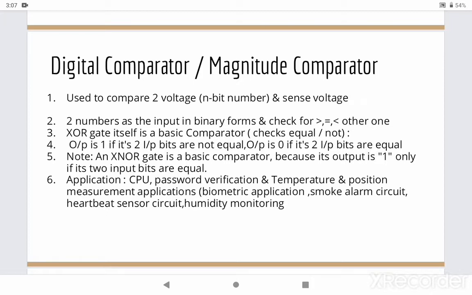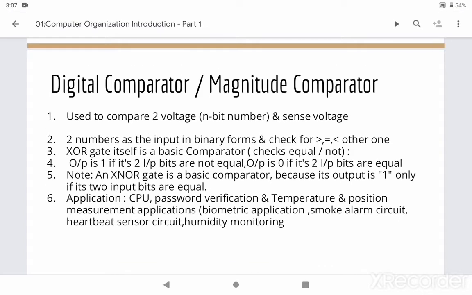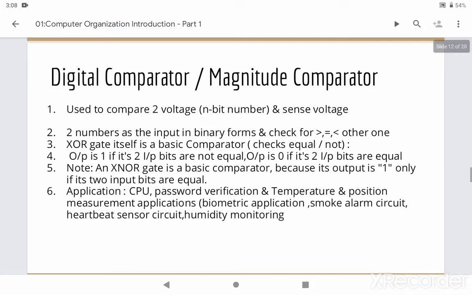If the two input bits are unequal, the output will be 1, and the output will be 0 if the two input bits are equal.